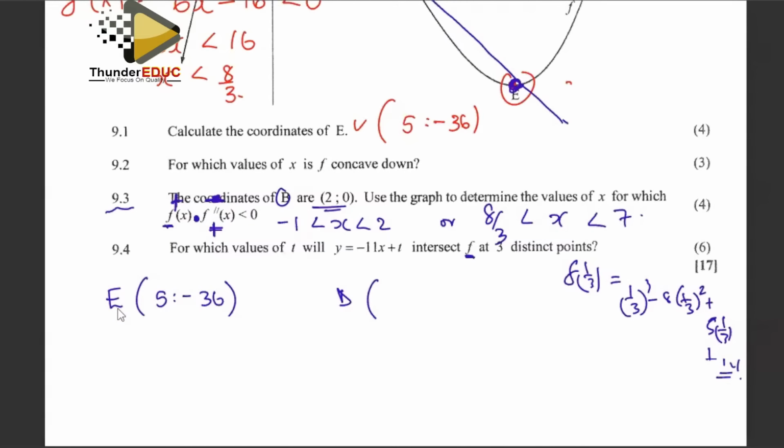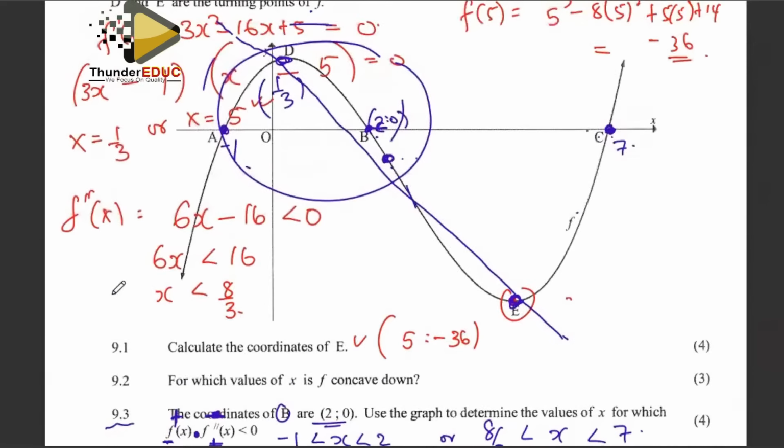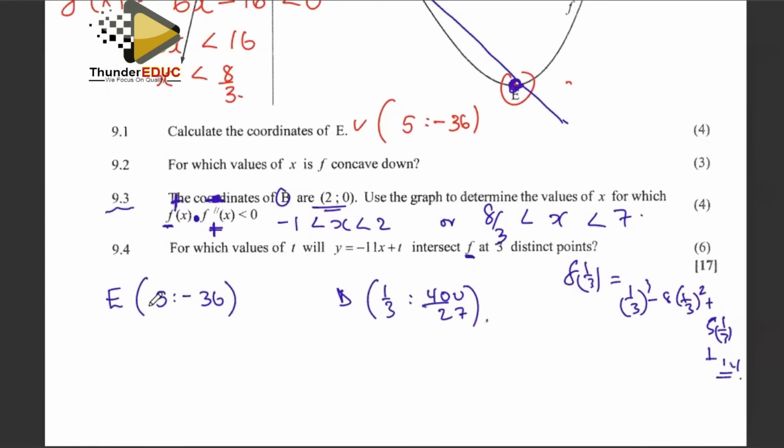Okay, so when I do that, I'm ending up with 400. So this is 1/3, and then 400/27.